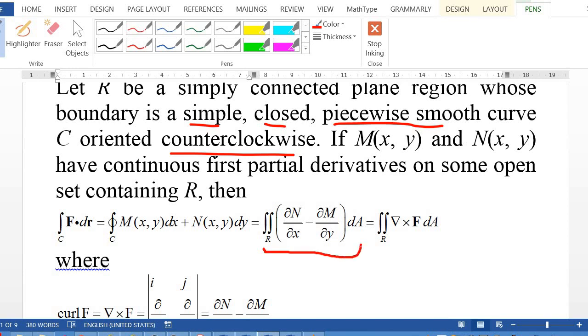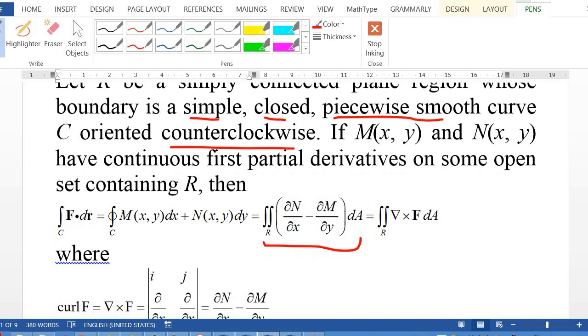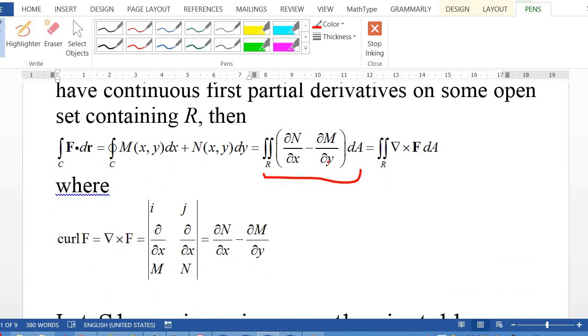Actually ∂N/∂x minus ∂M/∂y is the curl of F. In two dimensions, the curl is a 2D differential operator, ∂/∂x i plus ∂/∂y j, crossed with the vector F, which is Mi plus Nj.